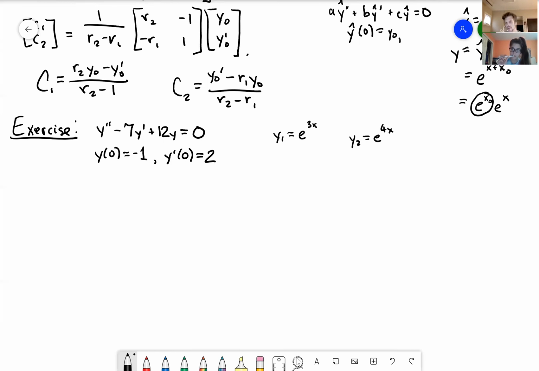I'm just going to do this the old straightforward way, which was we want C1 plus C2 equal to -1, and 3C1 plus 4C2 is equal to 2, right? It's the equivalent thing. It's the same as forming that matrix.